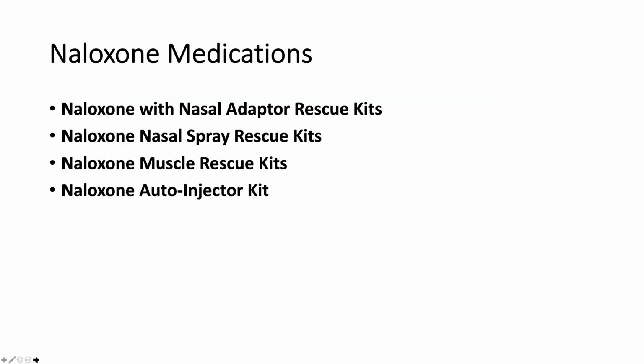There are multiple types of kits. I won't go into all of this, but we have the nasal adapters, nasal sprays, the muscle injectables, and then we have auto injectables that are a part of all that.